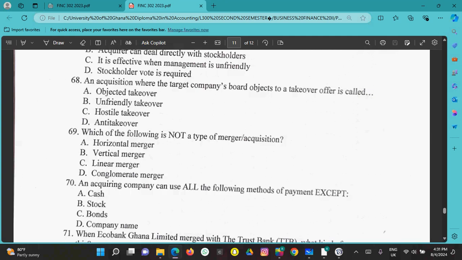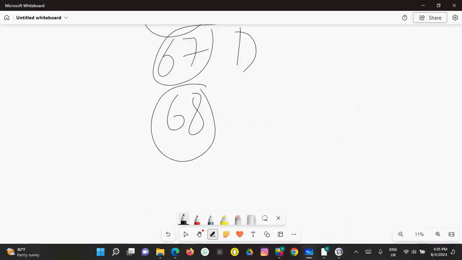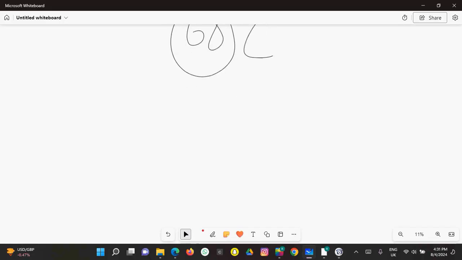An acquisition whereby the target company board objects to the takeover offer is called a hostile takeover. Number 68, see, hostile.